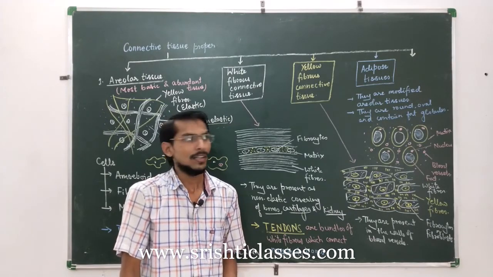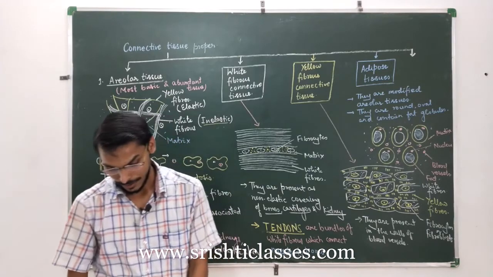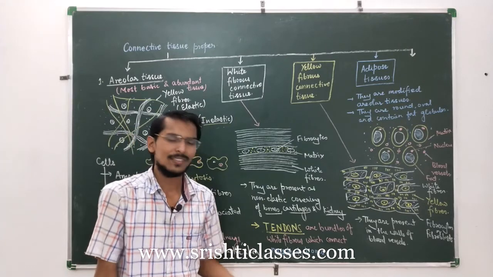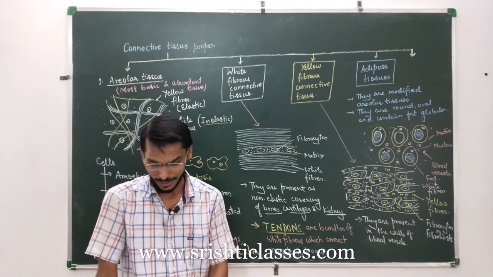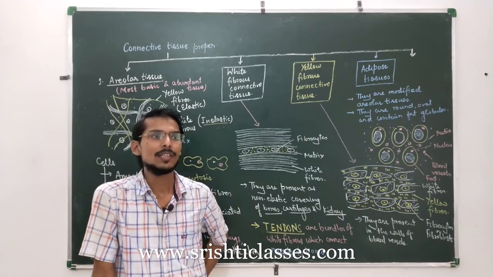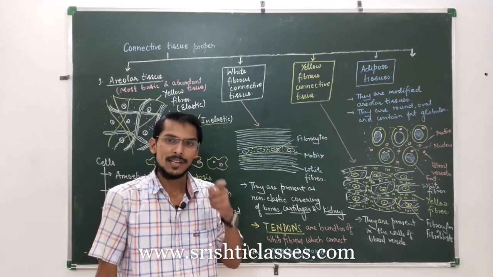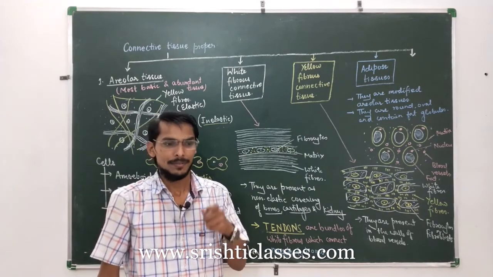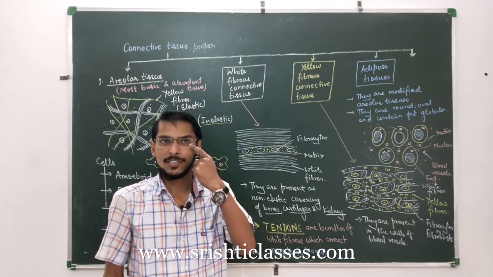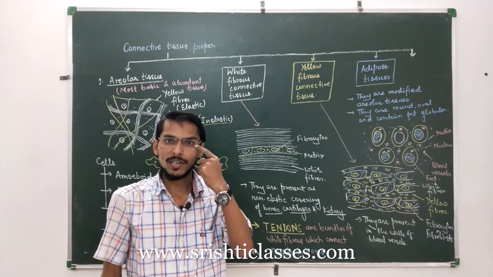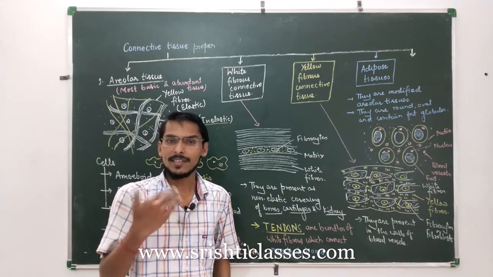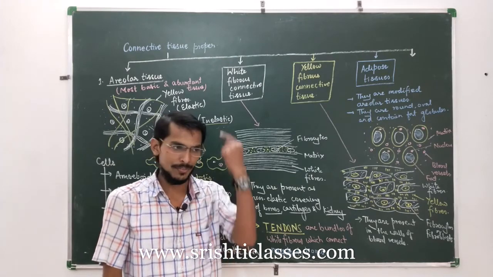Third, the fat present in our body forms a subcutaneous layer below the skin, and that has the same function. It acts as a thermal insulator, and it also provides shape to our body parts because several parts of our body contain fat and that fat maintains the shape of that structure. As for example, this eyeball and the region below the eyeball also contain fat and it will protect our eyeball if there is accidental injury to our facial region.